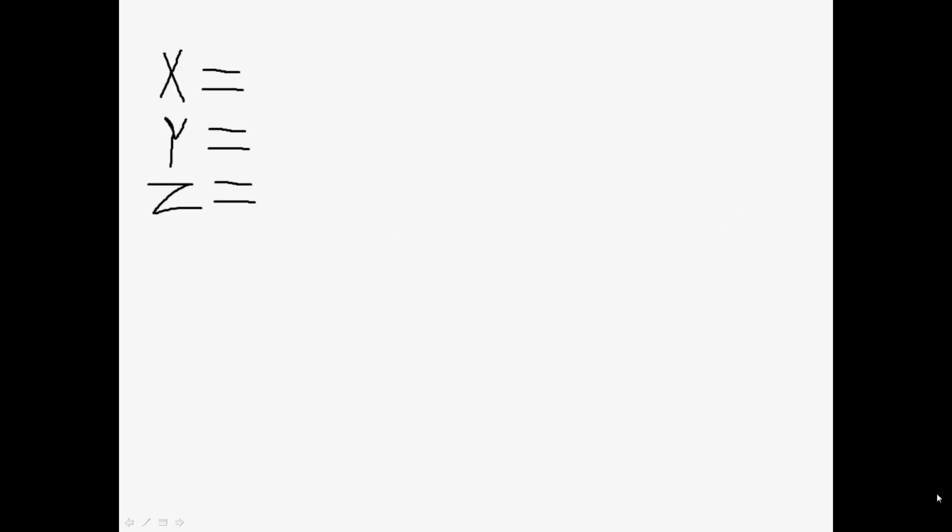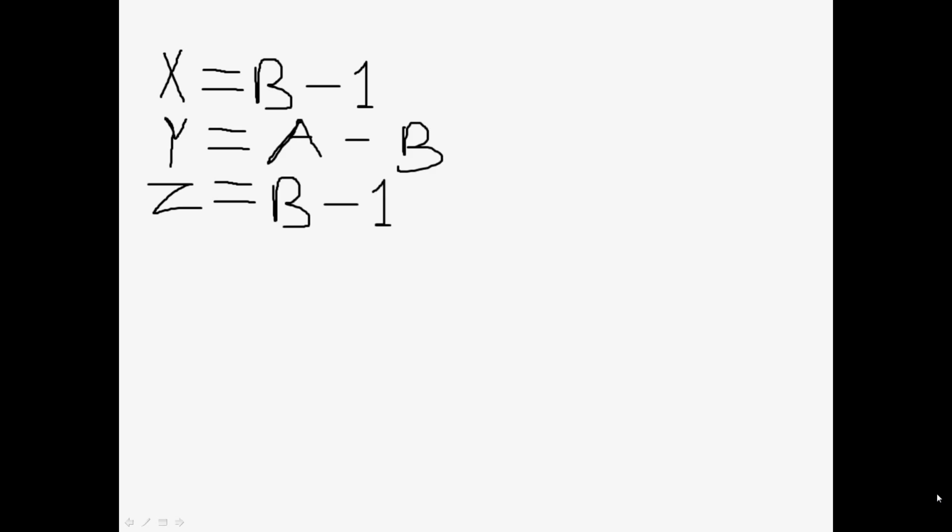So X is going to be B minus 1. That's the pattern I found. Y is going to be A minus B, and Z is also going to be B minus 1. So X and Z are just the same. You should always see the same number of 9s left of the 8 as there are 0s.